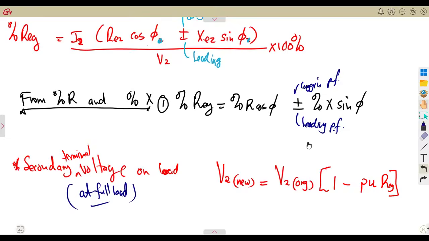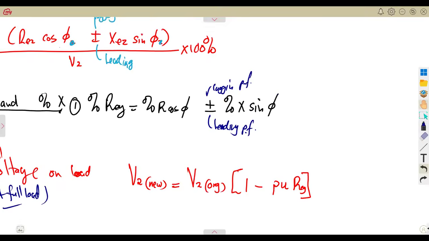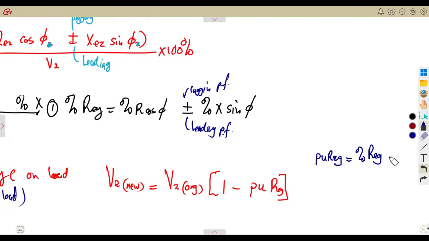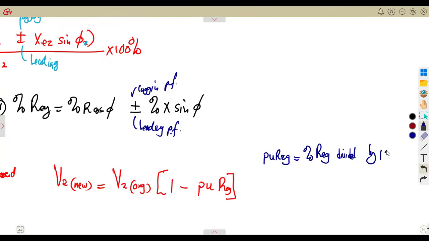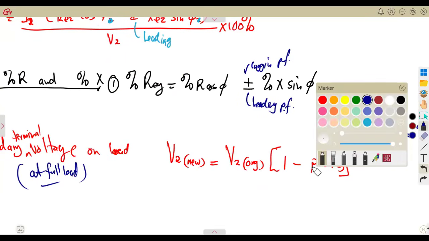Guys, understand the difference. Percentage regulation is a percentage. So per unit regulation is simply the percentage regulation that we had divided by 100. You have to divide by 100%. That is per unit regulation, this one.